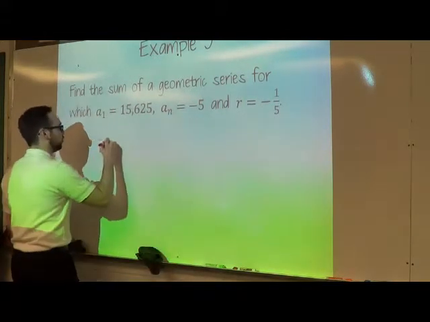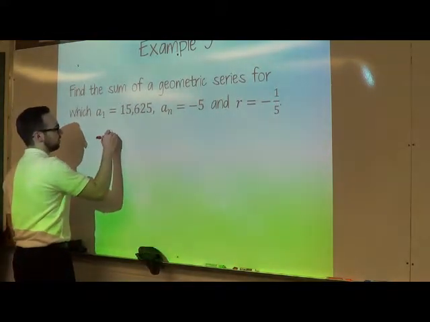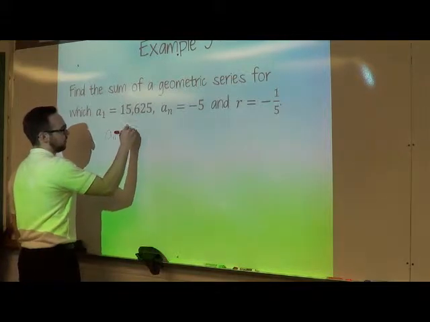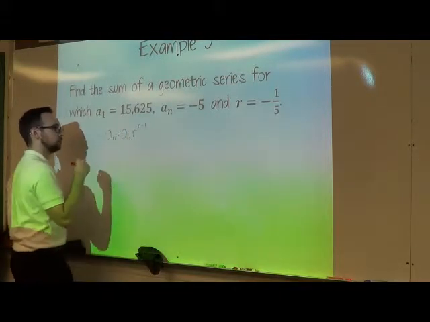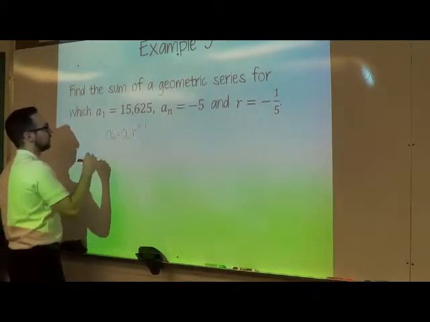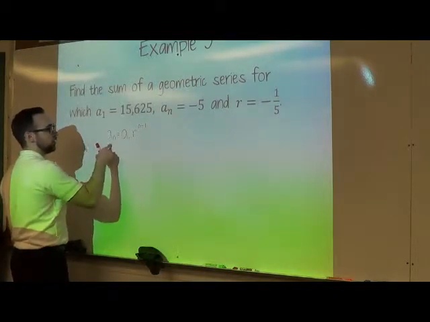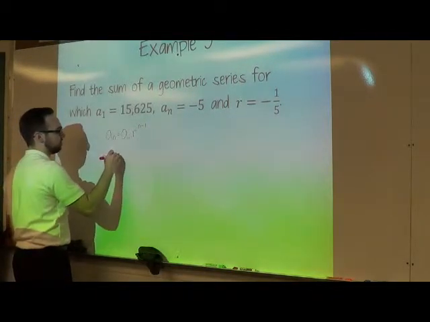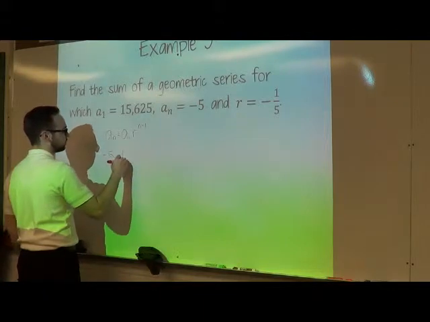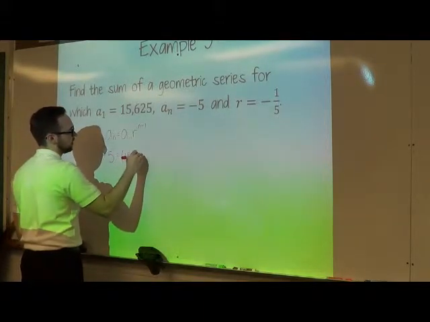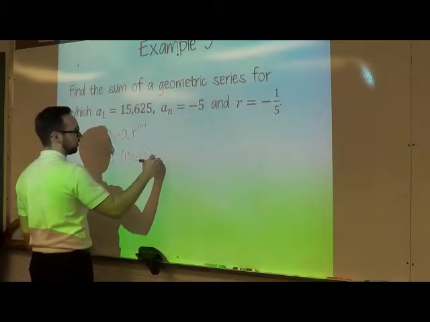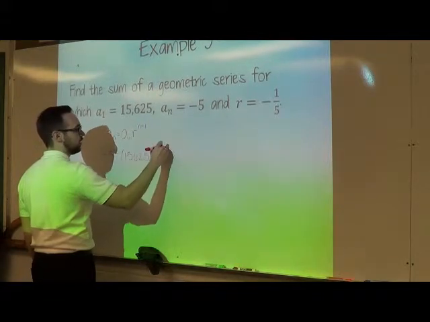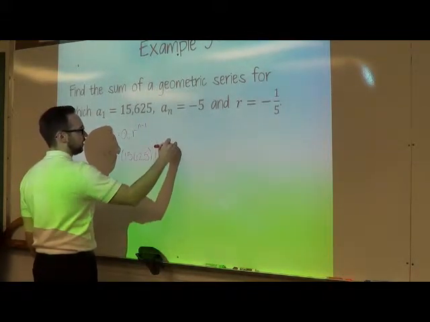So we're going to go back to this equation to figure out what n is. We know a sub n is equal to negative 5, so that's 15,625 times (negative 1/5) to the n minus 1.